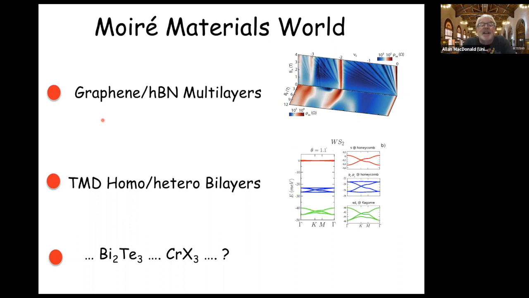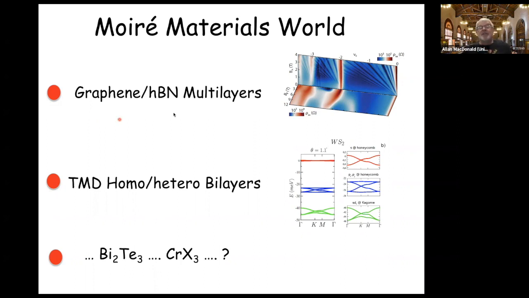And when that condition is satisfied, it means that the low energy properties can be described by an effective model that has only the periodicity of the Moire pattern, giving you basically an artificial crystal with a large lattice constant that's tunable, and with electronic properties that are easily tunable by changing twist angles or applying gate voltages or other tuning knobs.